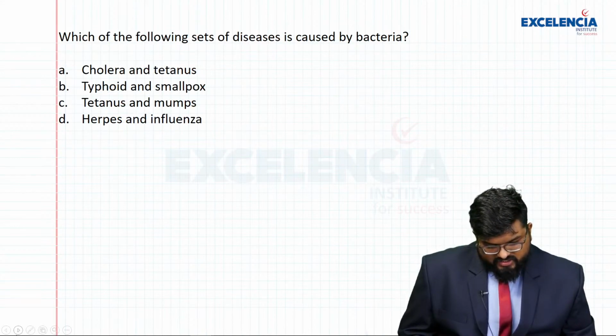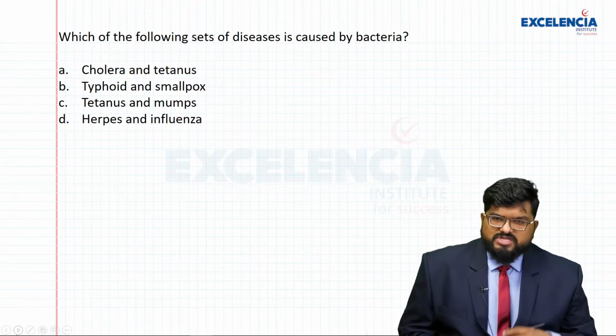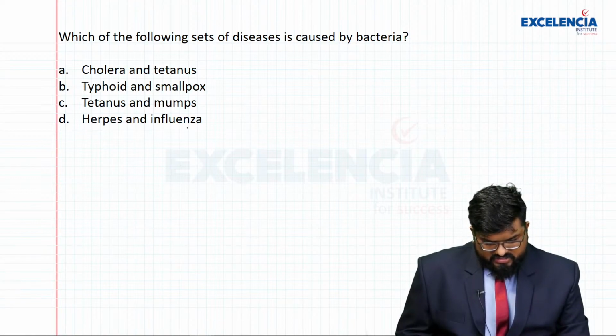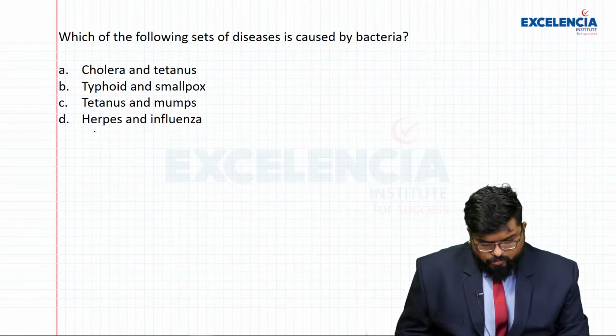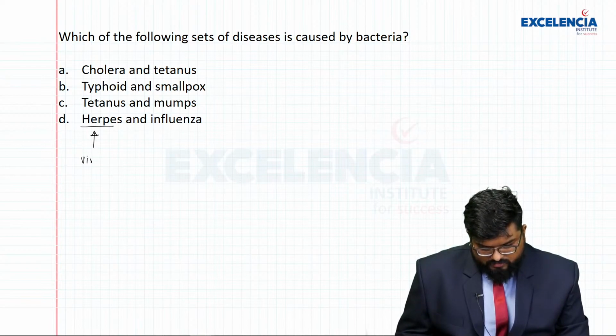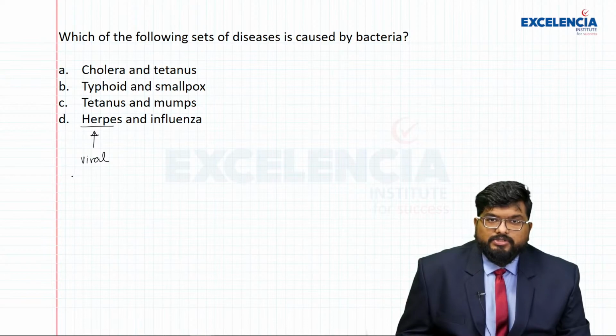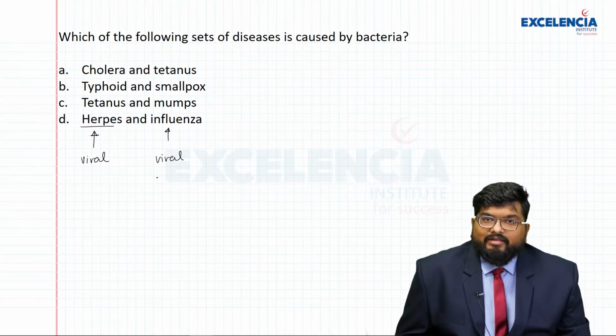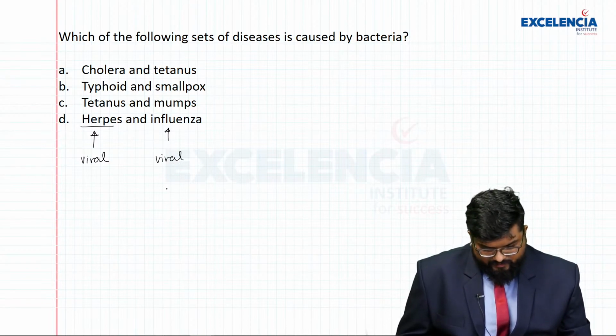Which of the following sets of diseases is caused by bacteria? Let's look at it. Herpes, influenza. Herpes is a viral disease. Influenza can be viral or it can be caused by a bacterium called Haemophilus influenzae.